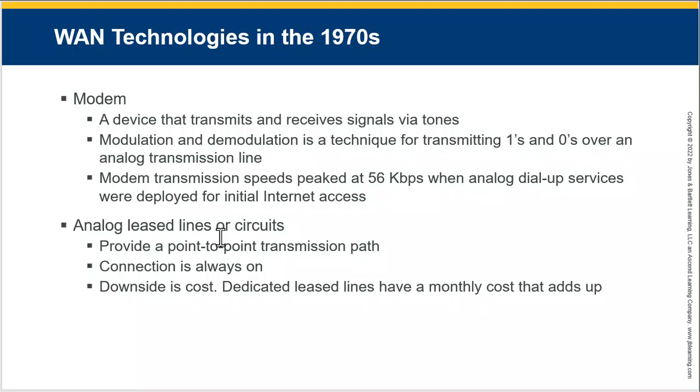Whether somebody's picking up the phone and talking or not, the connection is always there, whether it's getting used or not. The downside is these leased lines were expensive. Dedicated leased lines have a monthly cost, and the faster the connection is, the more expensive it gets.